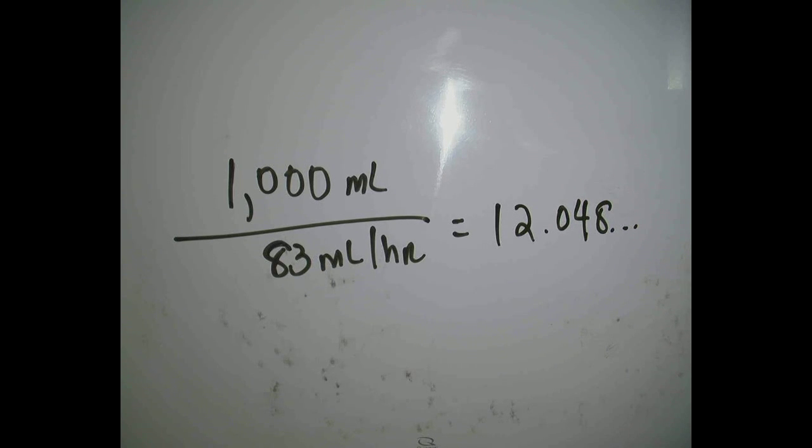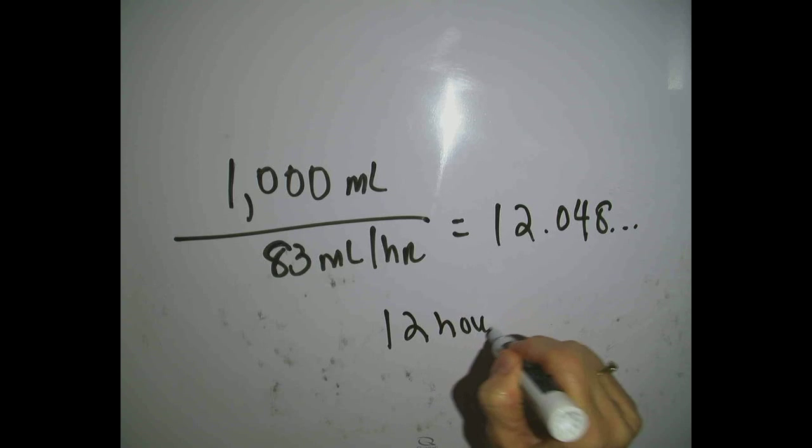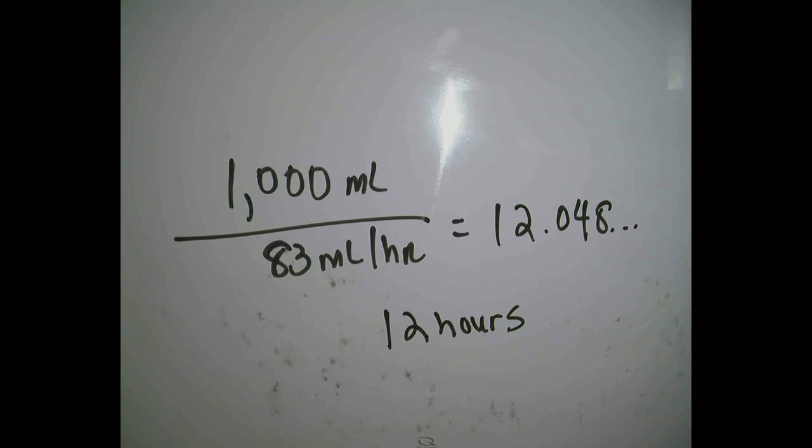And remember, we said that you're going to round that down to the nearest whole number. So it's going to take us 12 hours to infuse this bag. In other words, at the end of 12 hours, we're going to need to be sure that the next bag of fluids is there.